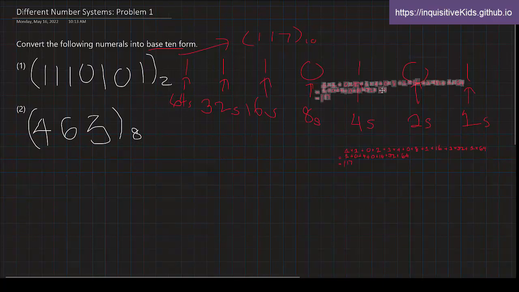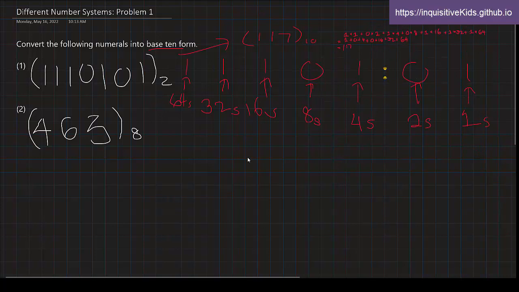Go right here. So we're converting another problem here, 463. But it's not really 463, is it? Because it's written in base 8. Now we didn't go over base 8. So same steps, we're first going to write the digits out. 463.